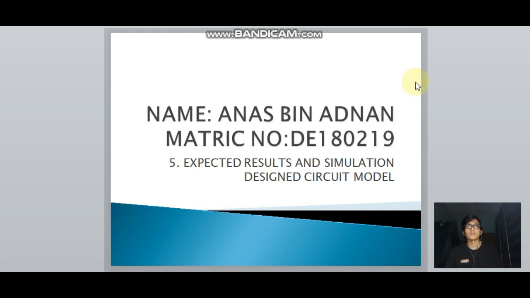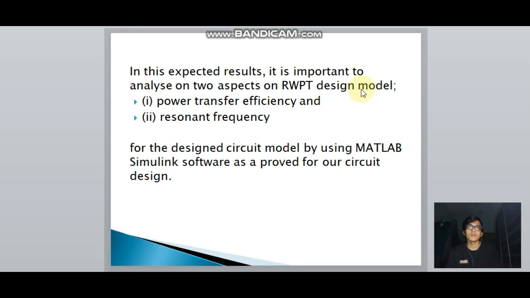Today I will explain about the expected result of our simulation design circuit model. In designing a resonance wireless power transfer model, there are two important aspects, which are power transfer efficiency and resonance frequency.